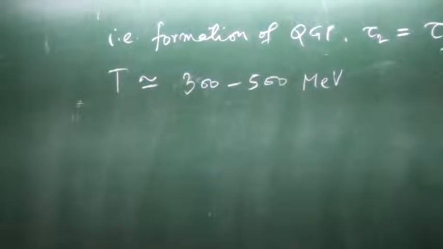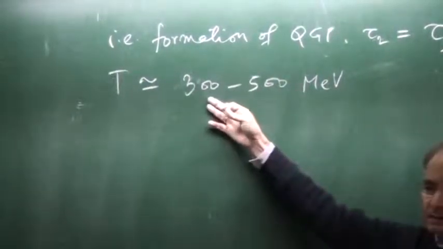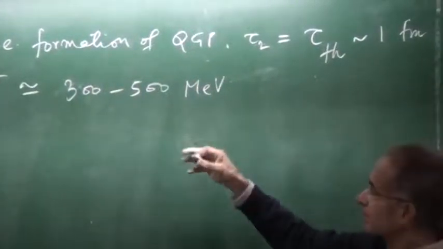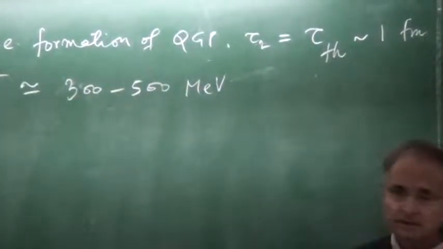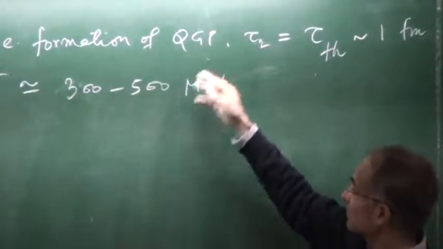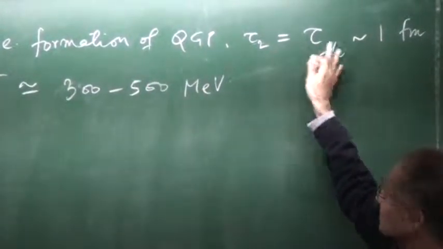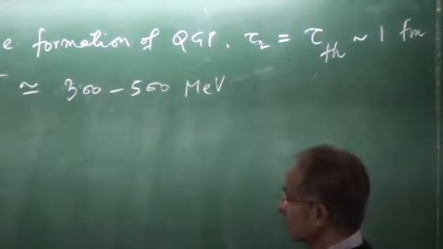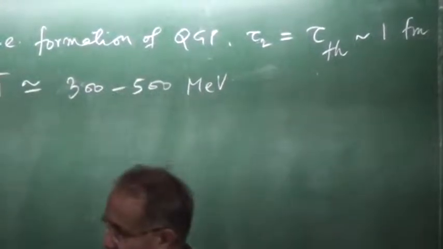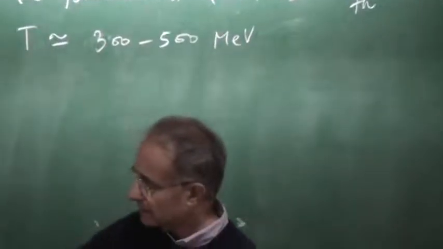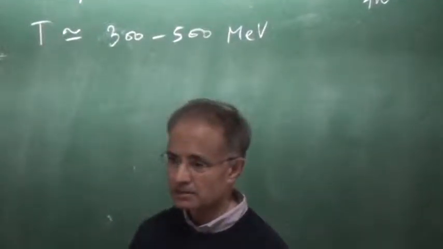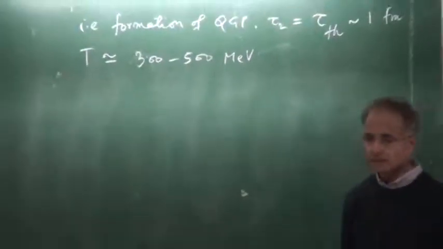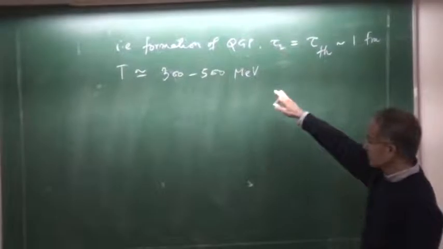At RHIC, it could be maybe 350. At LHC, it could be 500. And at higher LHC energy, it could be even higher. So this is the corresponding temperature when the system thermalizes. Before that, from 0 to tau 1 or earlier than tau 2, you cannot even talk about temperature because temperature is an equilibrium thermodynamic quantity. So this is the initial temperature.